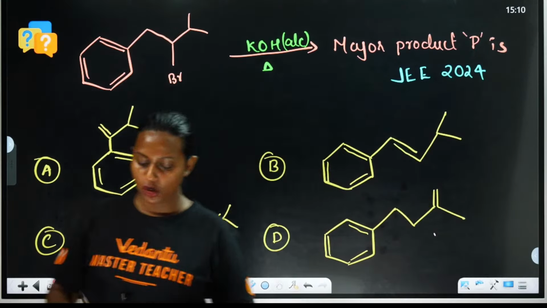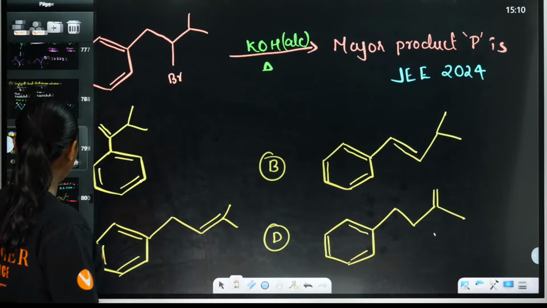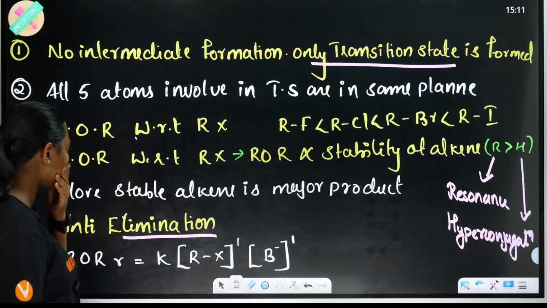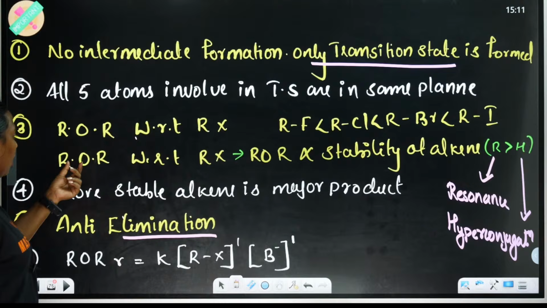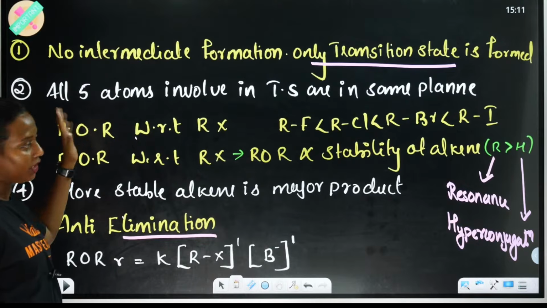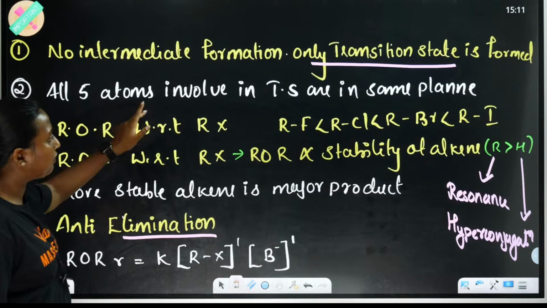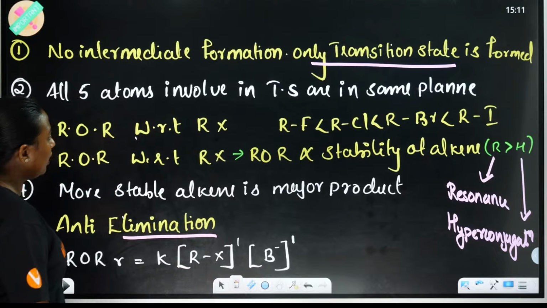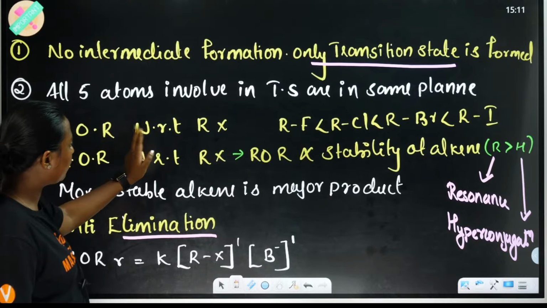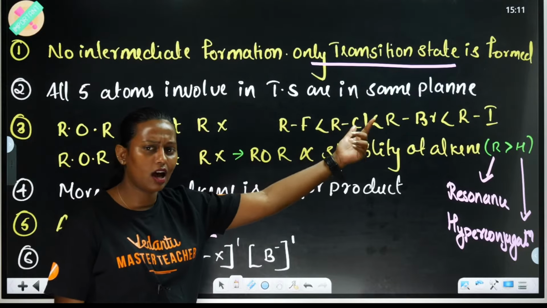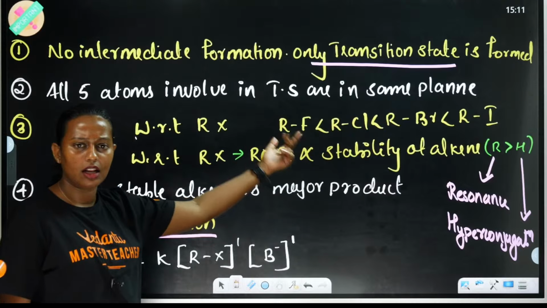We can check. So before that, I just want to again recall these statements. If the product is forming, then no intermediate will form. So all 5 atoms are in the same plane, and rate of reaction with respect to RX: RI, RBr, RCl and RF.